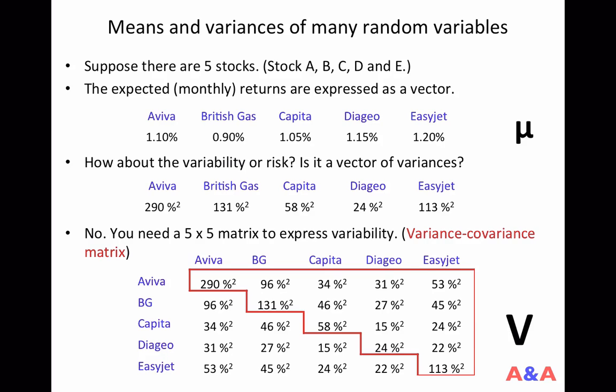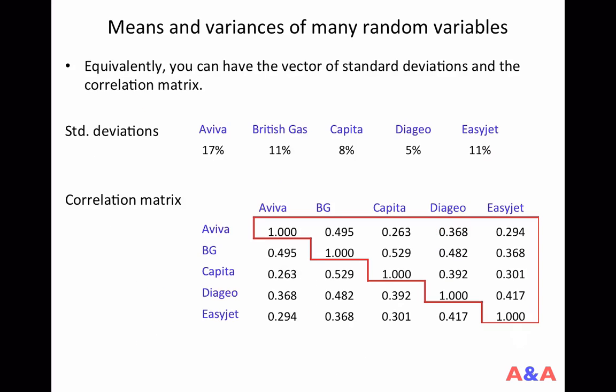So, most academic articles report, instead of variances and covariances, standard deviations and correlation coefficients.